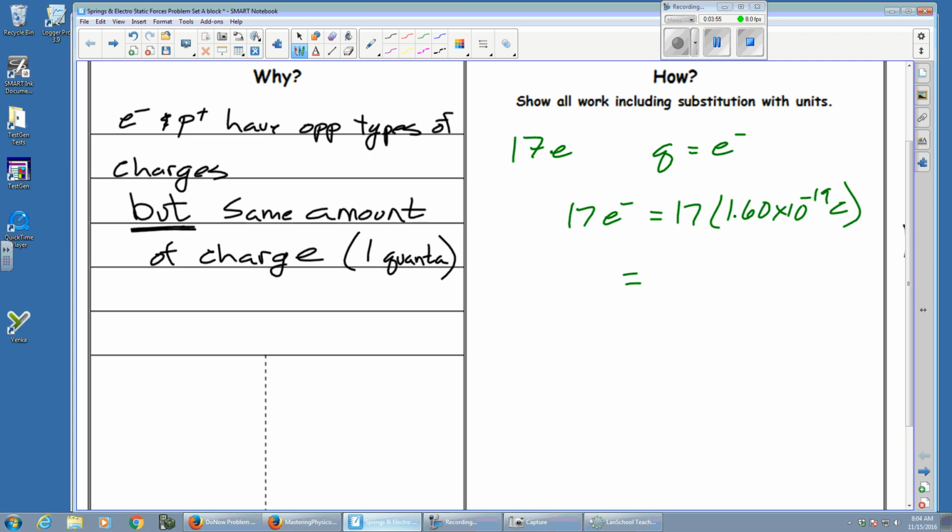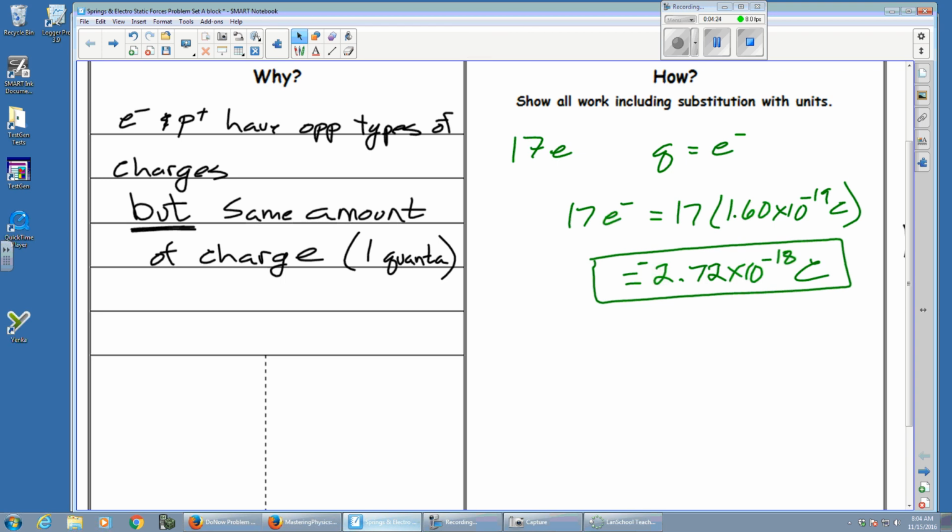Oh, I think I'm done. That was quick. And I got 2.72 times 10 to the negative 18 coulombs. And that would be, of course, negative, because they bring a negative type of charge. So, yay!